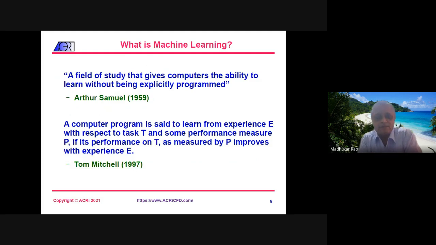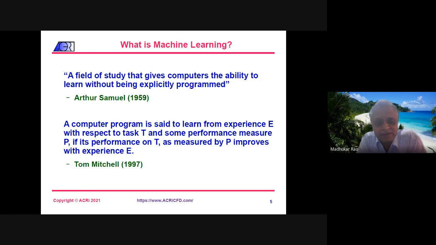Okay, so first of all, what is machine learning? There was a 1959 definition by Arthur Samuel, a fairly well-known scientist in this area: a field of study that gives computers the ability to learn without being explicitly programmed.